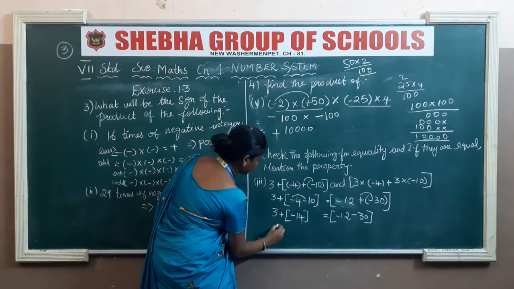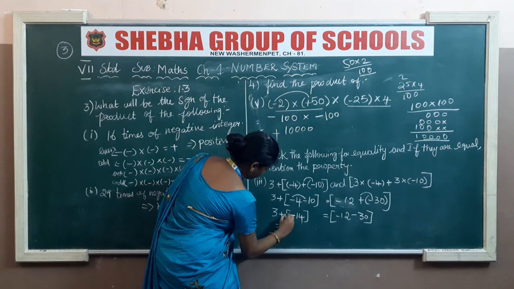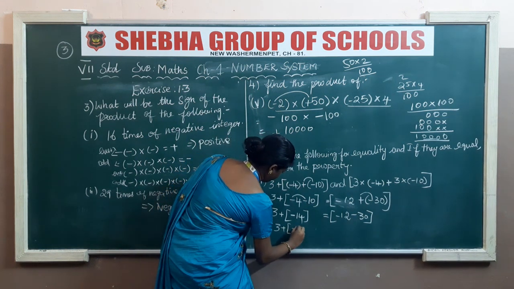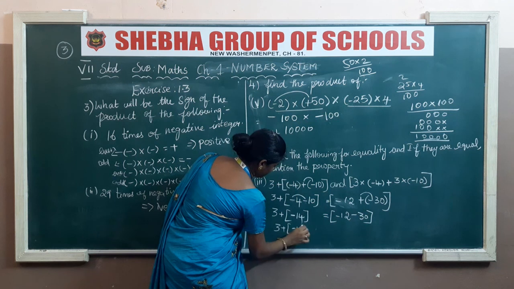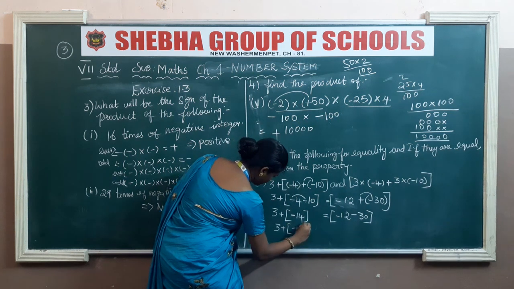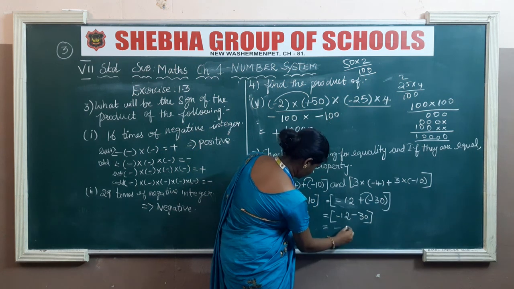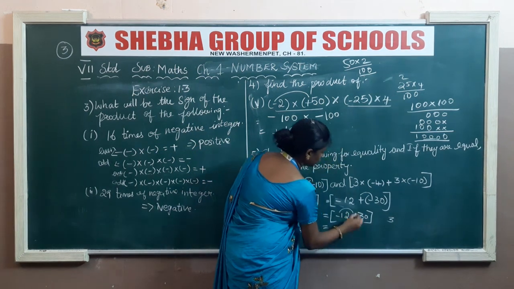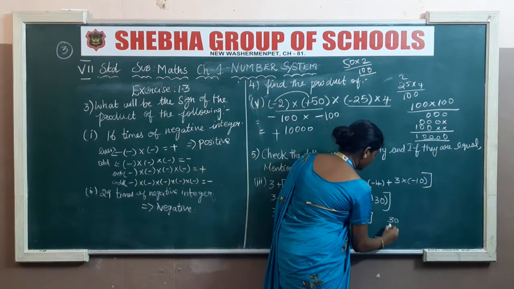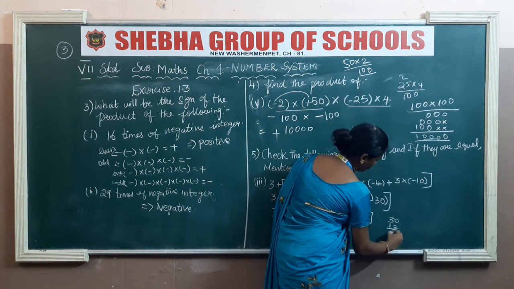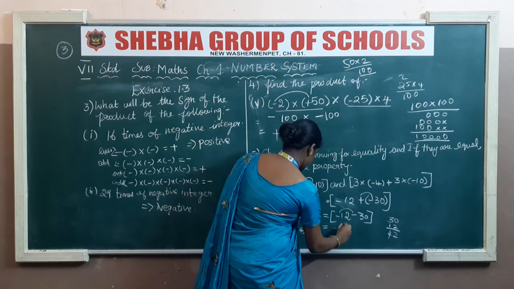This is 3 into minus 14. Minus 12 plus minus 30: we add 30 plus 12, which is 42, so this is minus 42.